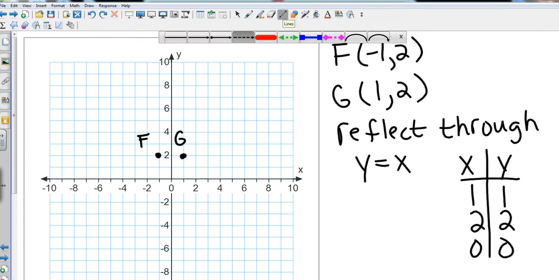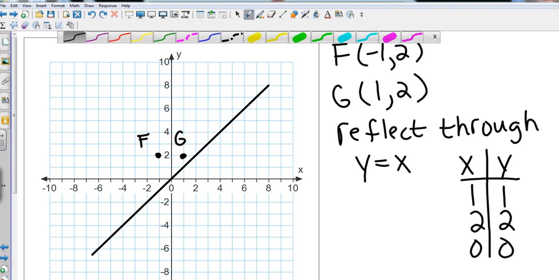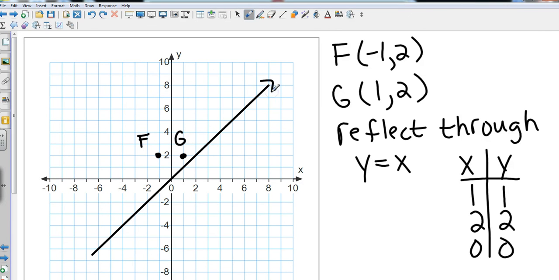If I started at 8, 8, and just went down, there's the line y equals x. And so that's what I'm going to be reflecting it through. Now, the key here is that I have to, no, I'll go ahead and connect this line here. That was horrible.